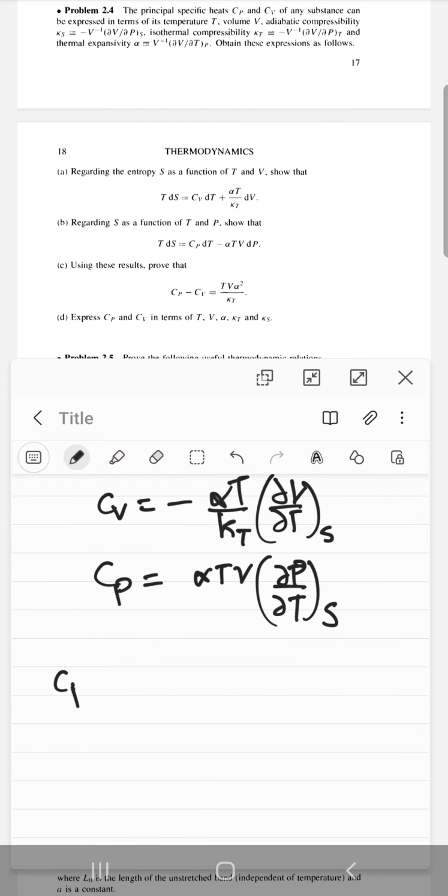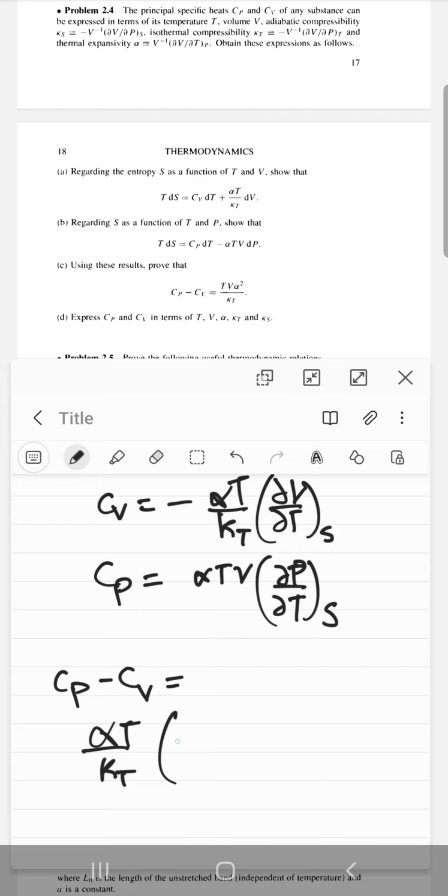So what do you have? You have Cp minus Cv, that's equal to alpha T. Now you're gonna forcefully take out some stuff, right? So upon Kt, take that out. Volume I don't think you should be taking out.